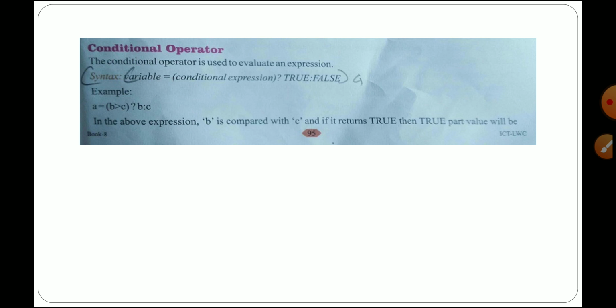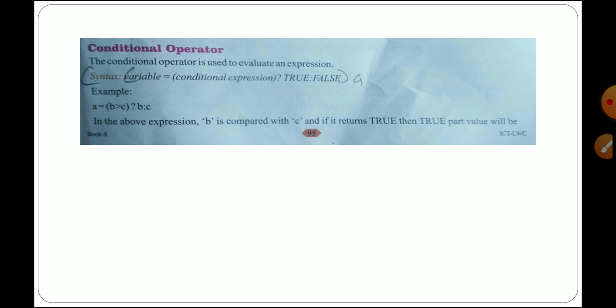Next one is the conditional operator. This conditional operator symbol is question mark colon. We have to see the syntax. This conditional operator is used to evaluate the expression. The syntax is: variable name equal to conditional expression question mark true colon false. For the example, A is the variable name, equal to assignment operator, B greater than C question mark B colon C. We write it like that.